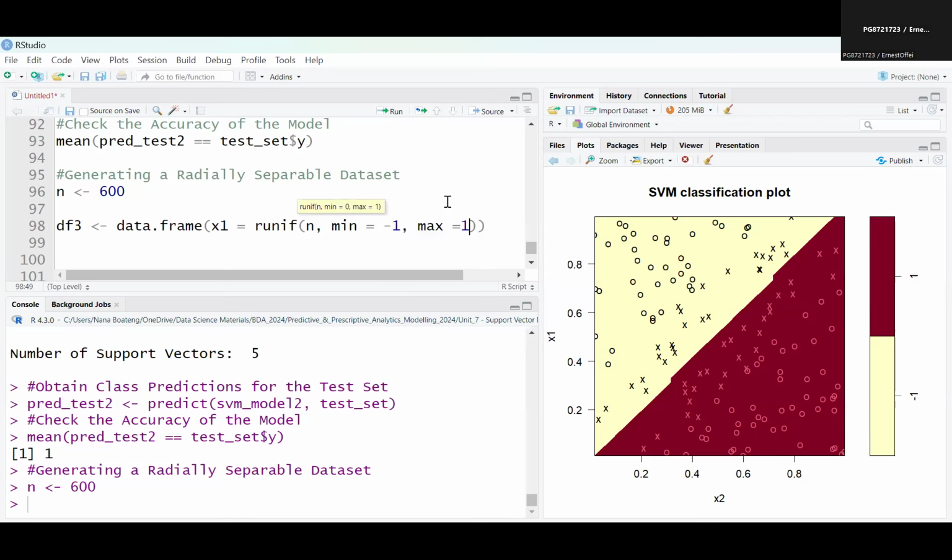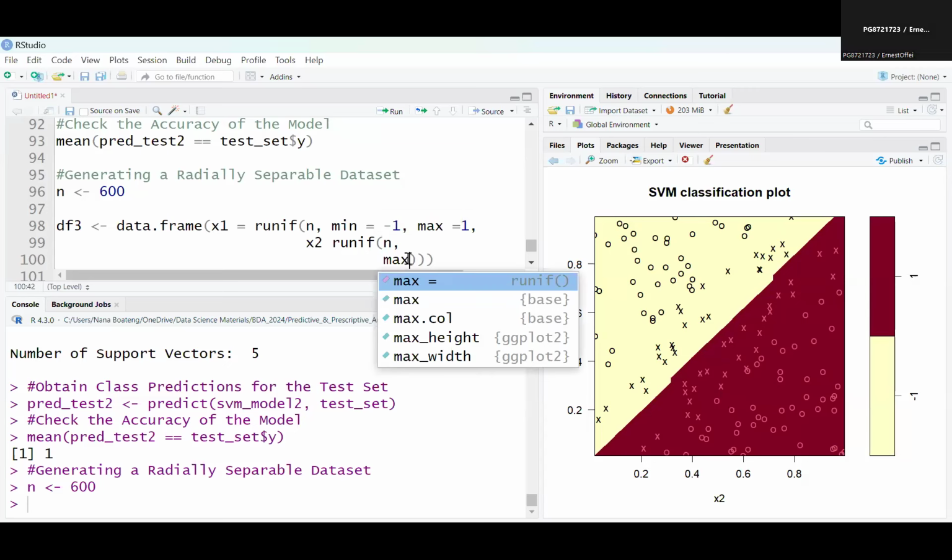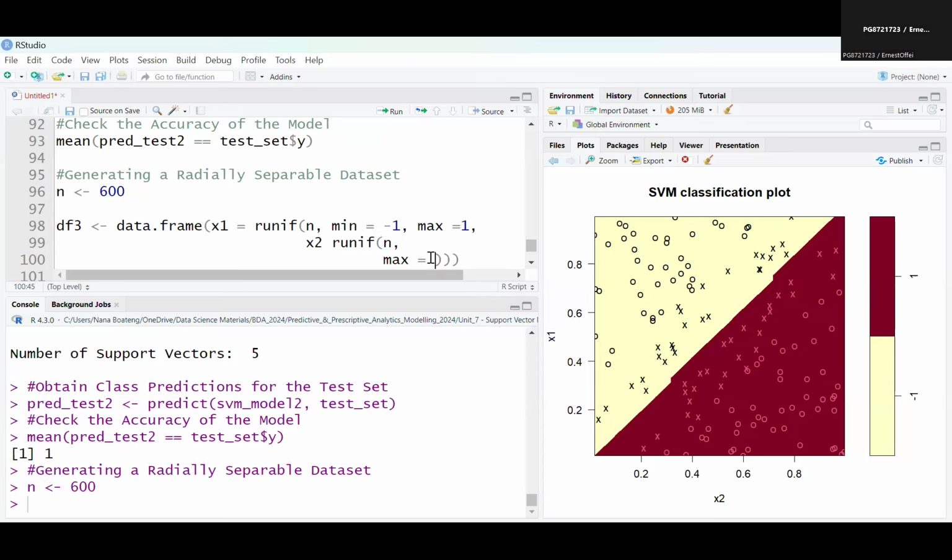Then let's do for x2. So random uniform numbers, and we have our minimum equal to -1, sorry, then our maximum equal to 1.